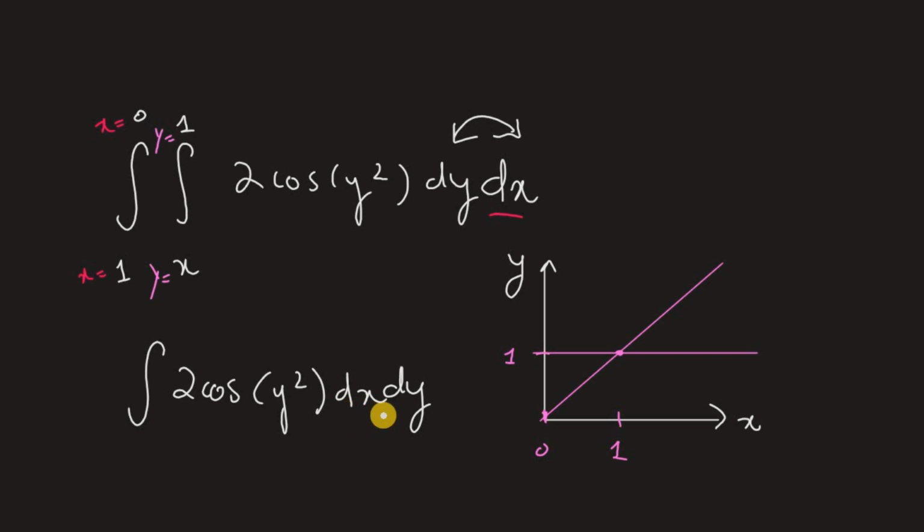Since this is dx first, these have to be x equals something, and at the end we have dy, which means the first one has to be y equals something. In order to find this value, this graph is going to help us. Like I explained before, here it was dx, so these were constants and not equations, and just like that, these outer ones are going to be constants and not equations.